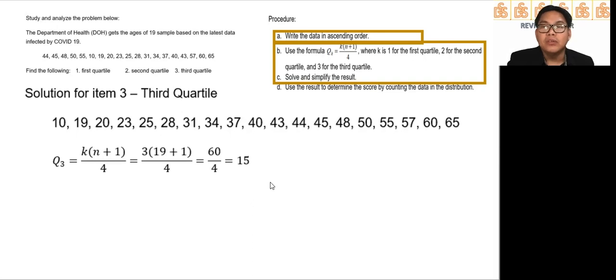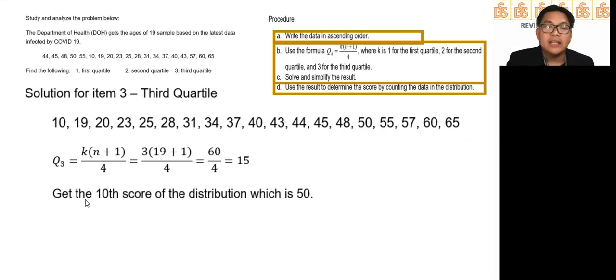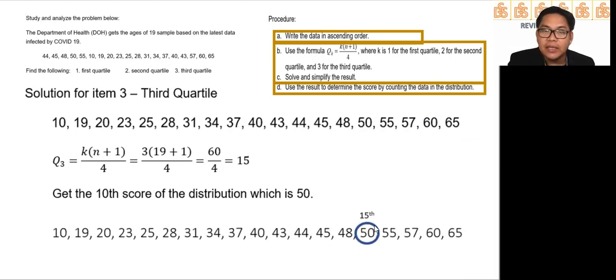Therefore, we are looking for the 15th score. If 40 is the 10th score, we may start here: 10, 11, 12, 13, 14, 15. The 15th score is actually 50.